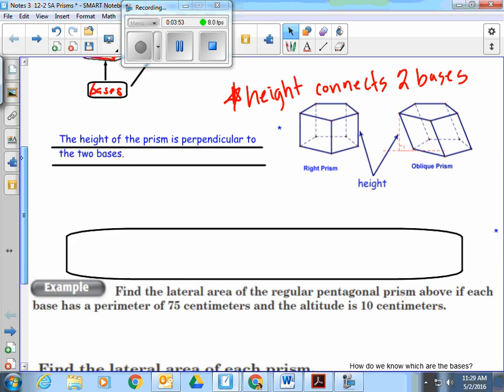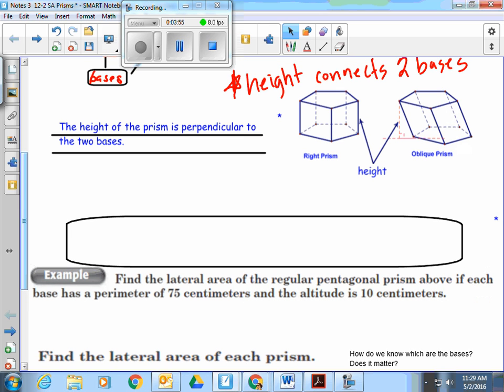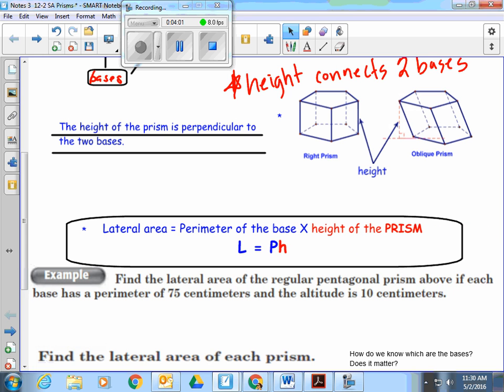Okay, so we're going to start talking about lateral surface area. The easiest way for me to describe lateral surface to you is a can of soup. So think about a can of soup. What is a can of soup made out of? Tin or metal, right?